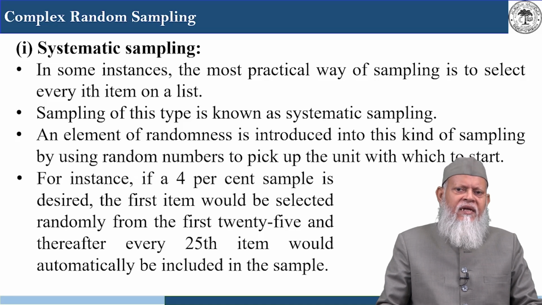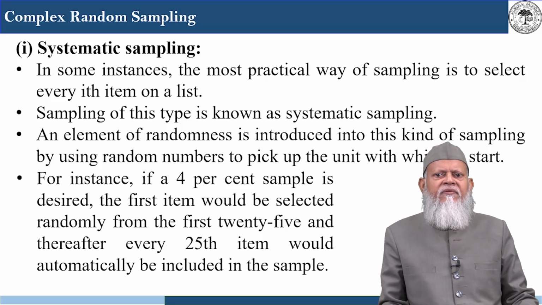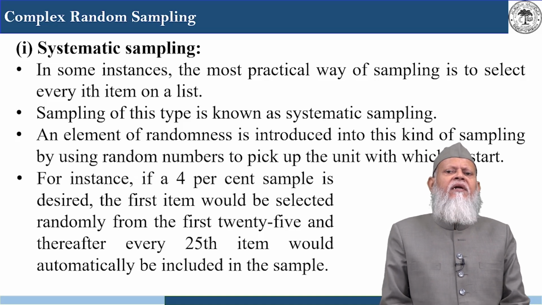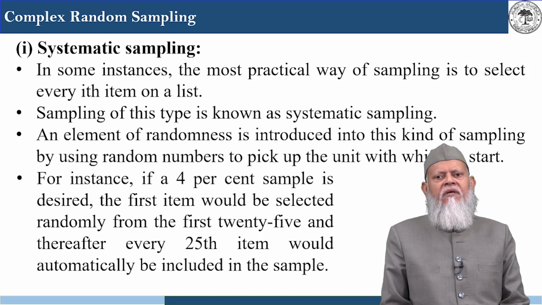During household surveys, this systematic sampling is best. Suppose we have to make a sample of 100 from 1000 households.